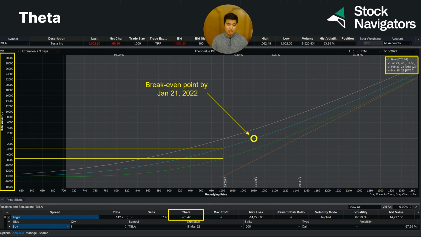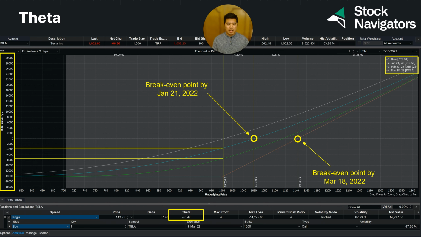And even if Tesla starts moving up, let's say up to the $1,060 price level, because of the time decay, by January 21st, in order for you to break even, Tesla has to move up to around $1,060. And again, by the expiration date, if you want your option to not lose the whole amount, then the Tesla price has to move up to around $1,143 just for you to break even.